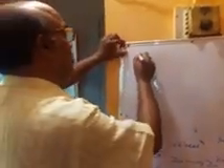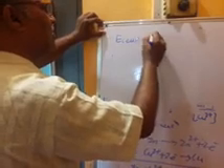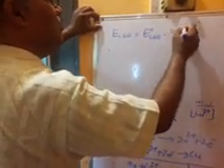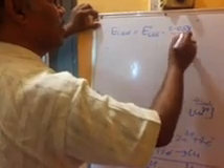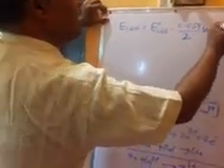Then by applying the Nernst equation we can calculate E cell. E cell will be equal to E naught cell minus 0.059 by n log right by left. Here in this case n is 2.